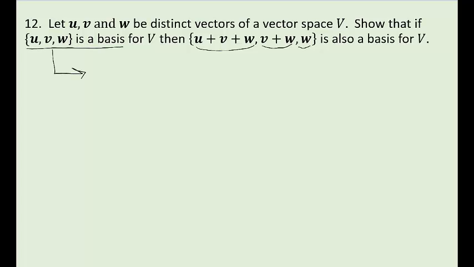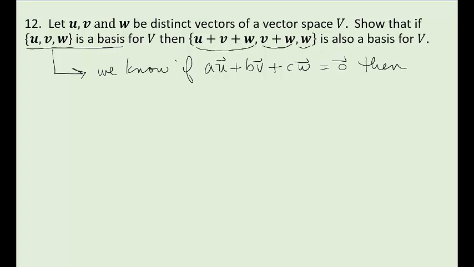So what we know from that is, if Au plus Bv plus Cw, where A, B, and C are from the field, is equal to the zero vector, then we know automatically that A equals B equals C equals 0, because they are linearly independent. What we want to show is this.